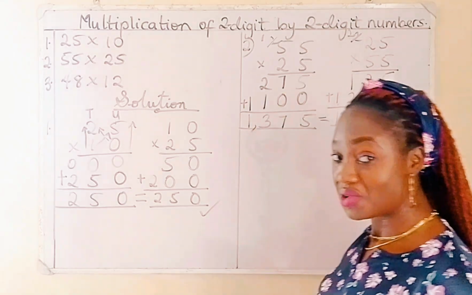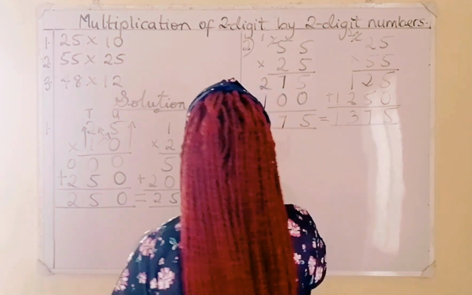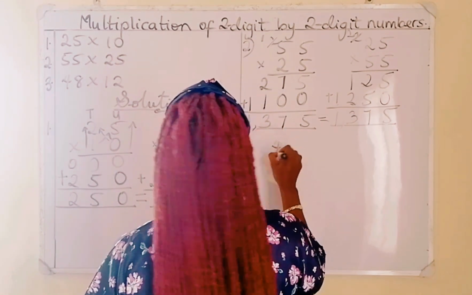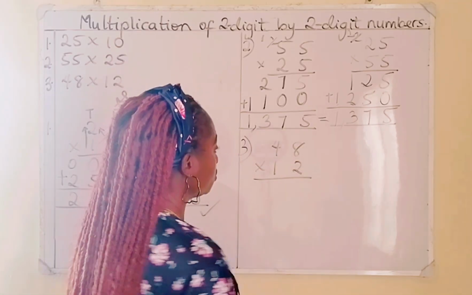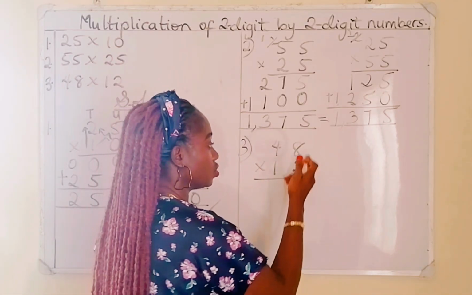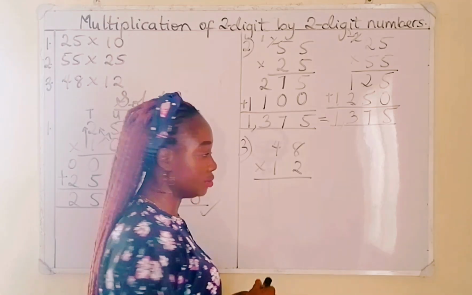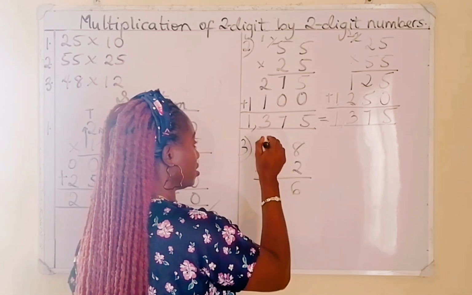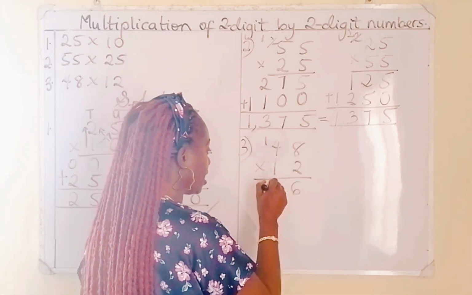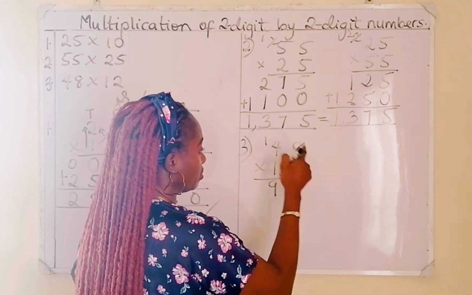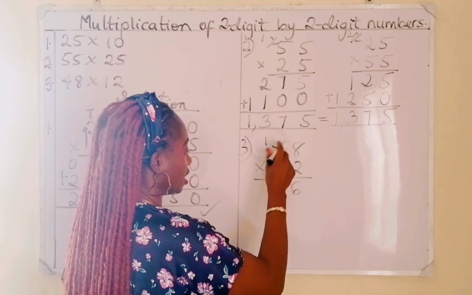So we're doing great. Question 3, we have 48 times 12. What is 2 times 8? That's 16. Write down 6 and carry 1. 2 times 4 is 8 plus 1. That's 9. 1 times 8 is 8 and 1 times 4 is 4.